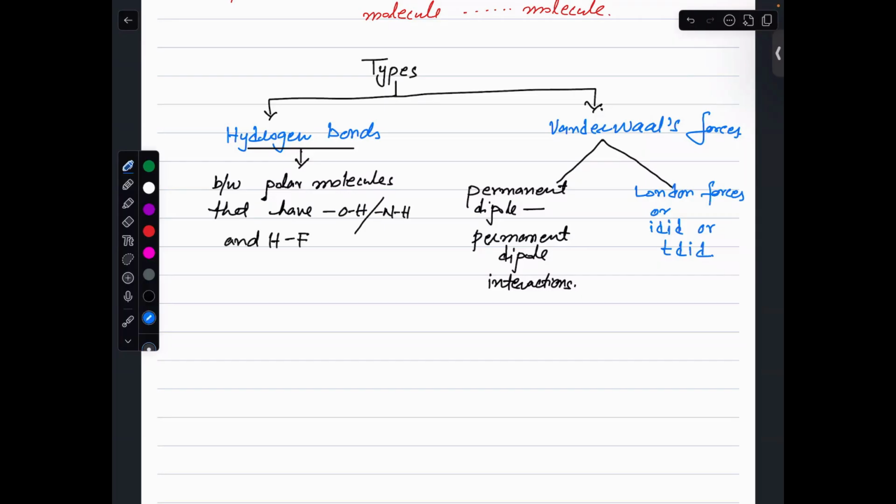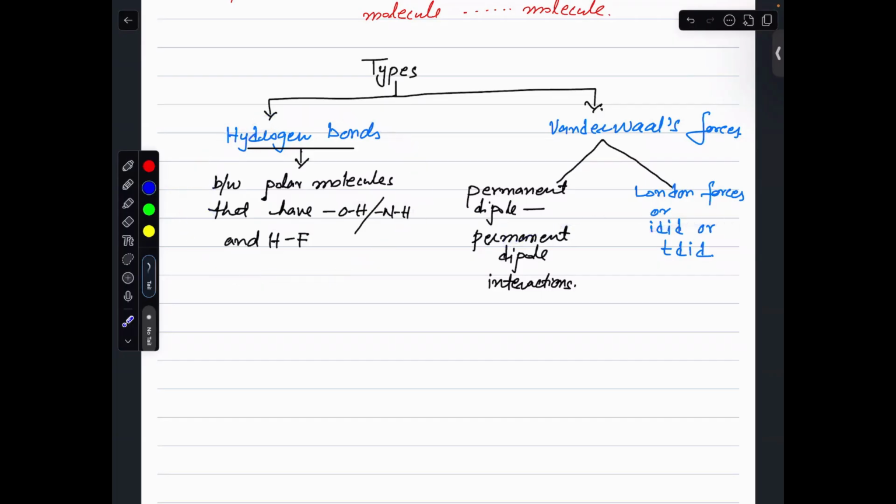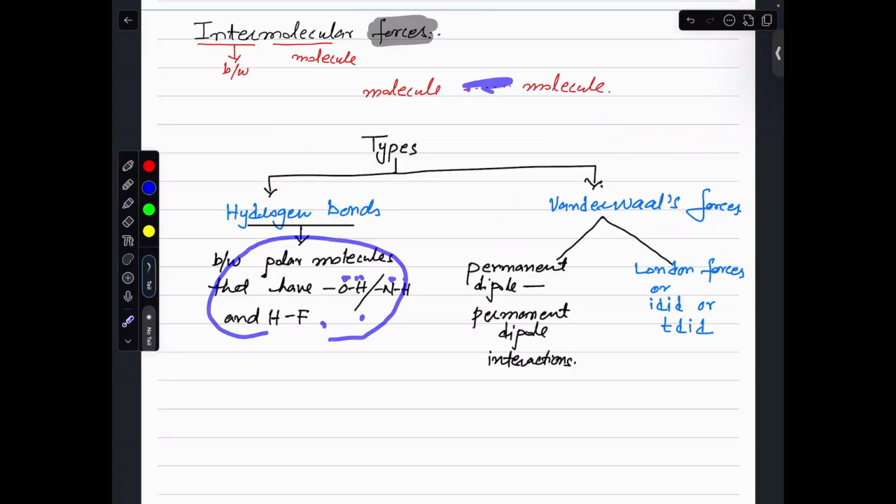Because the electronegativity difference is large and their dipoles are very large. So these intermolecular forces are stronger than the other two. The only reason they are stronger is that the electronegativity difference is more, their dipoles are strong, and they result in stronger intermolecular forces.